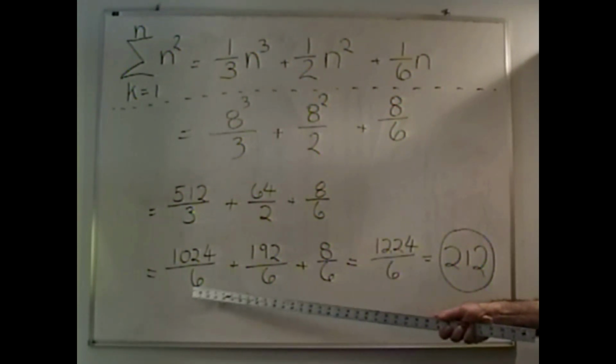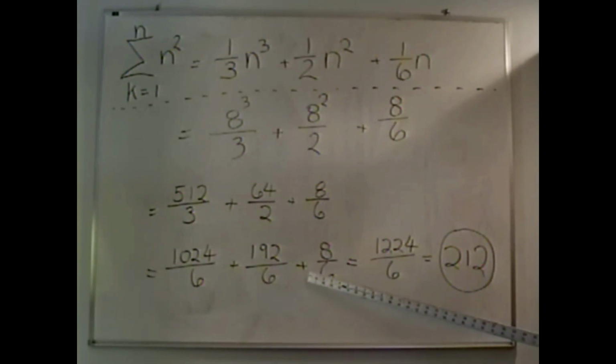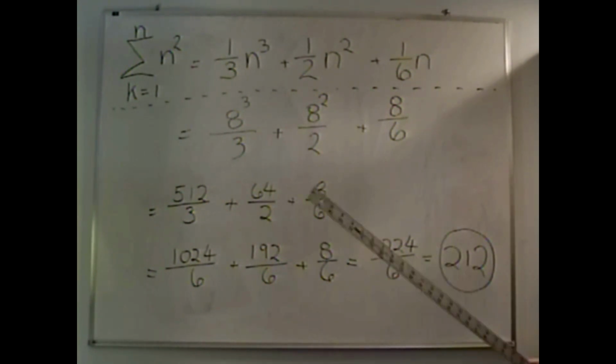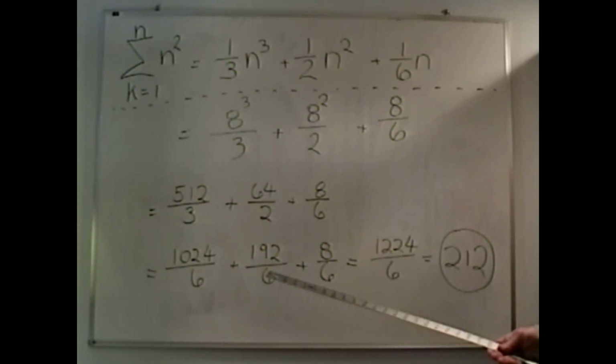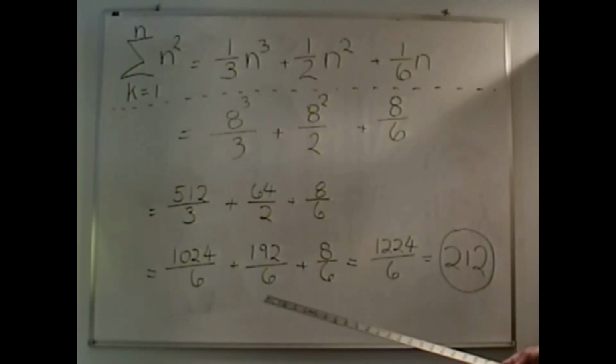Putting this together, finding the lowest common denominator, and then doing the final division, the suggestion is that the sum of the squares of the first 8 positive integers is equal to 512. Is that what we calculated before? Yep, that's what we figured out. So far, so good.